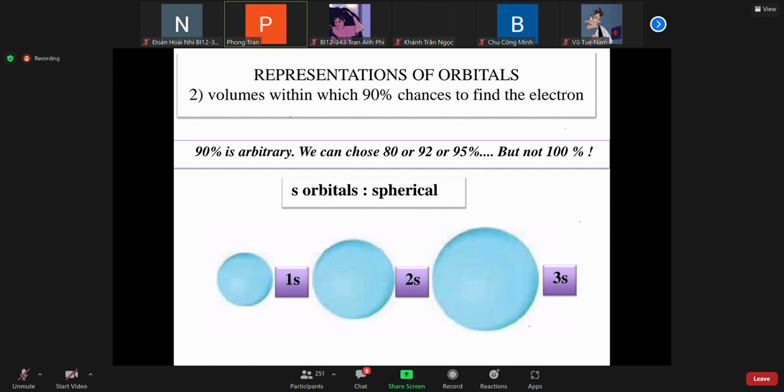Because if it were 100%, that would mean you know exactly the position of the electron, which is not the case in quantum mechanics. If you could find precisely the position of the electron, you would be back in the assumption made by Bohr when he said that the electron runs around the nuclei in an orbit, not an orbital.